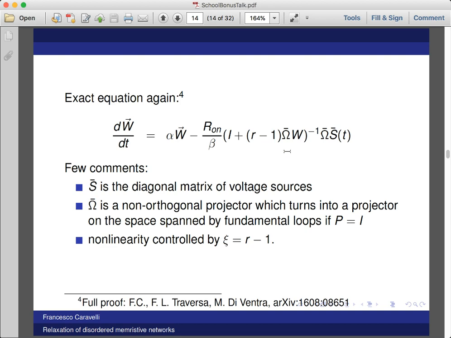You can just simulate it and look at how the system behaves. Note that the nonlinearity is basically controlled by the ratio R minus 1, which in my papers I usually call psi. All these derivations are contained in this paper here, which is now published in PRE.